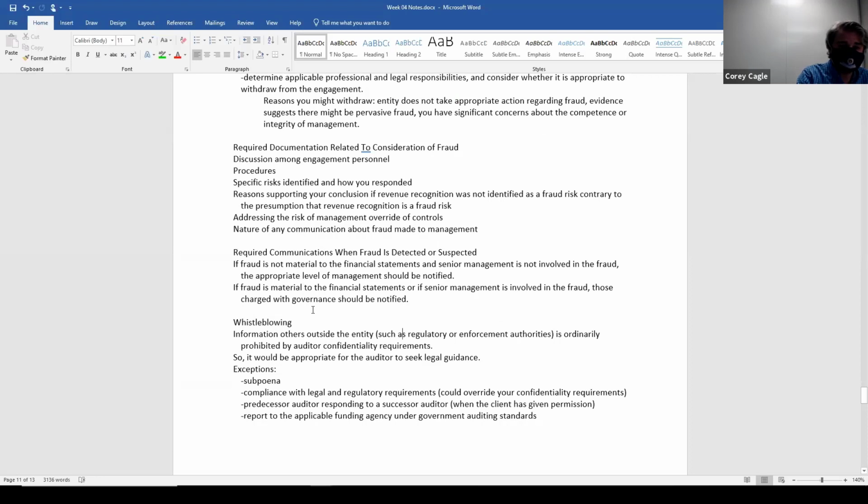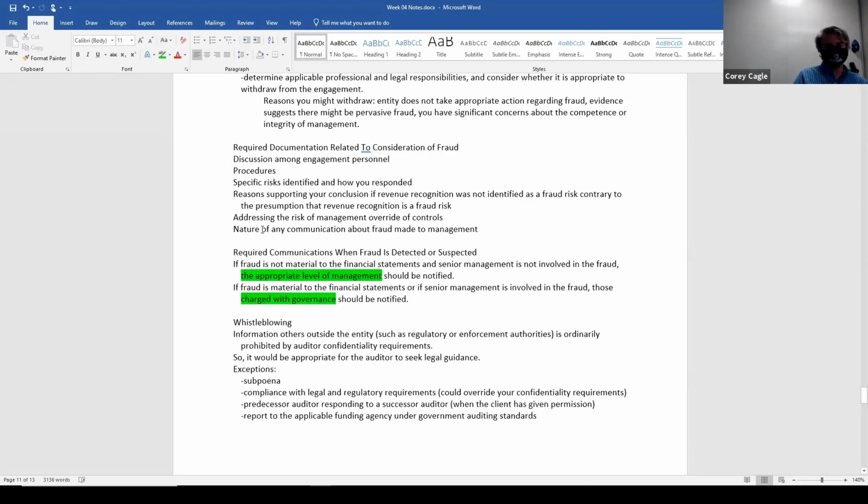Required communications when fraud is either suspected or detected. If it's not material to the financial statements and senior management is not involved, just go to the appropriate level of management. If it is material, or if senior management is involved in the fraud, those charged with governance.